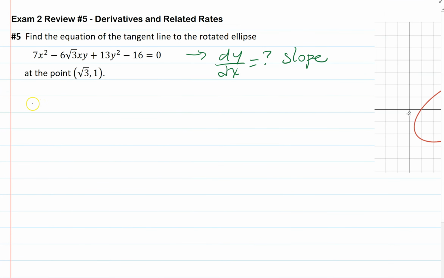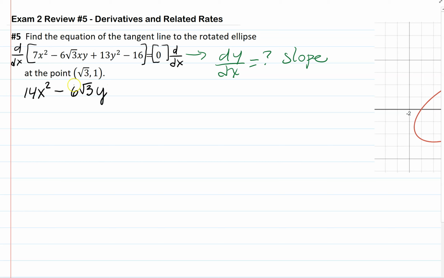Okay, so take the derivative of both sides with respect to x. The derivative of 0 is 0 on that side. With respect to x, we'll have 14x squared minus 6 square root of 3 times y.